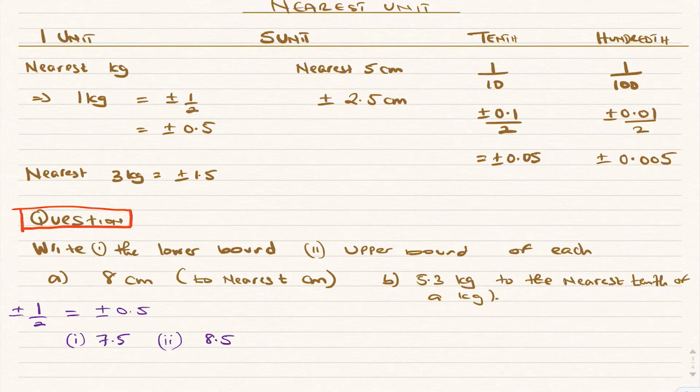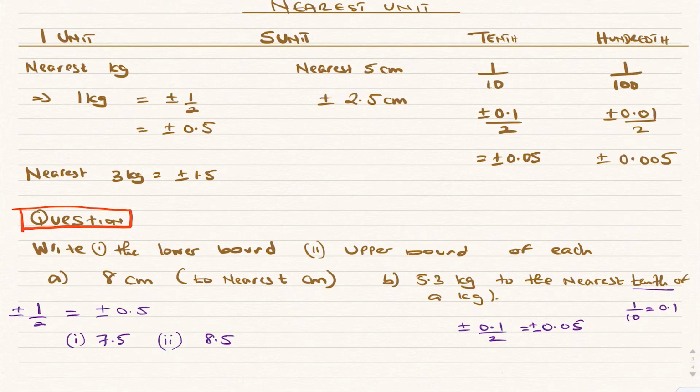B part says 5.3 kilograms to the nearest tenth of a kilogram. Tenth implies 1 over 10, and that is 0.1. So to work out the bound for that, it's going to be plus or minus 0.1 divided by 2. So that will be 0.05, plus or minus.